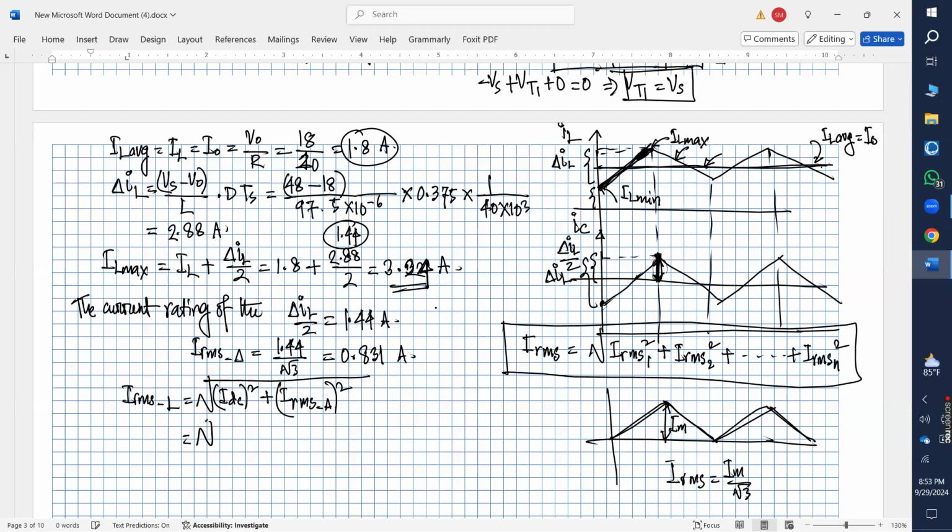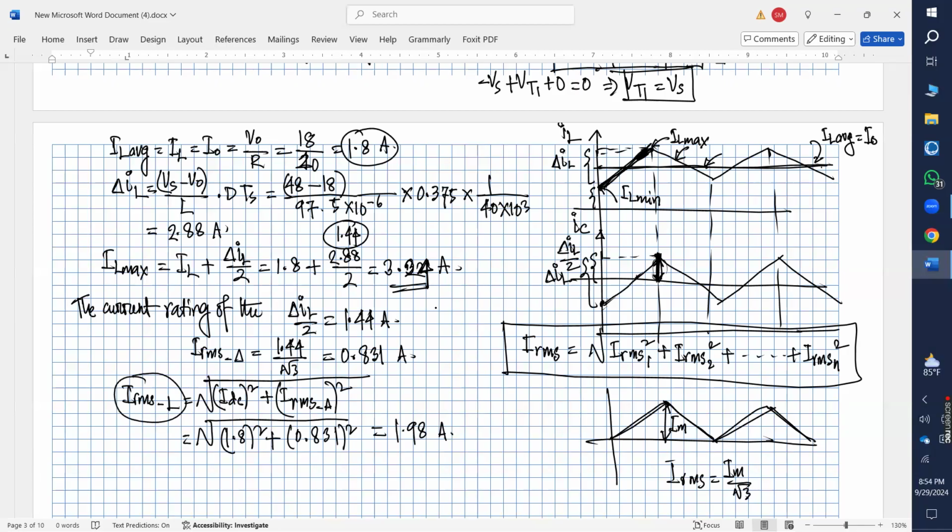So what is your DC value? 1.8 whole square plus this thing, 0.831 whole square. So what should be the RMS value of the inductor? So 1.98 amps.